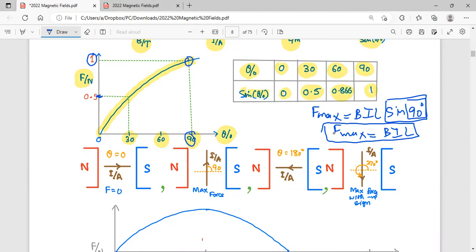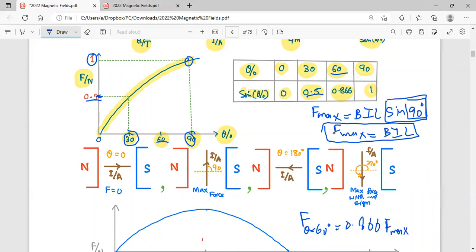After that, you can replace the values. For angle 30, sine theta is 0.5, so it means that at 30 degrees your force will be half of the maximum. Then similarly you put 60 in sine 60, which is 0.866, so the force at 60 degrees is 0.866 of your maximum force.